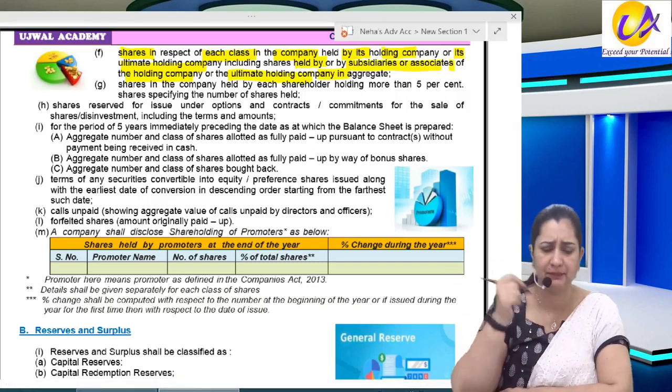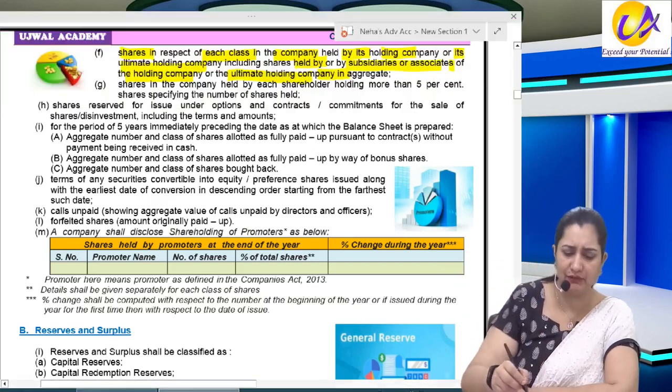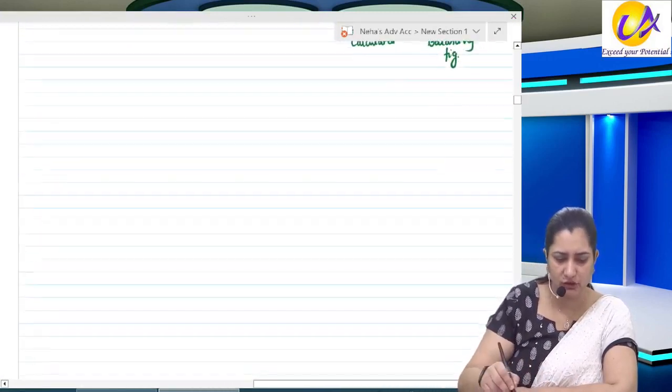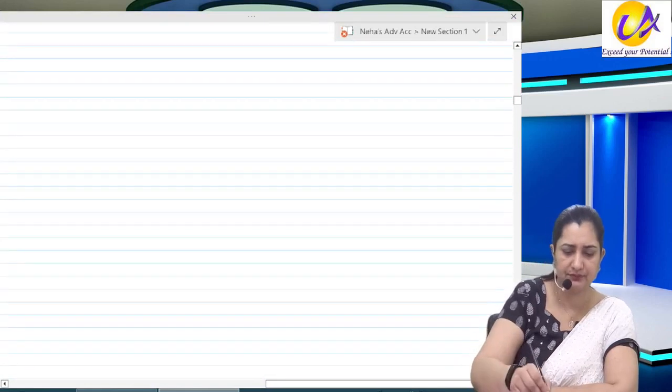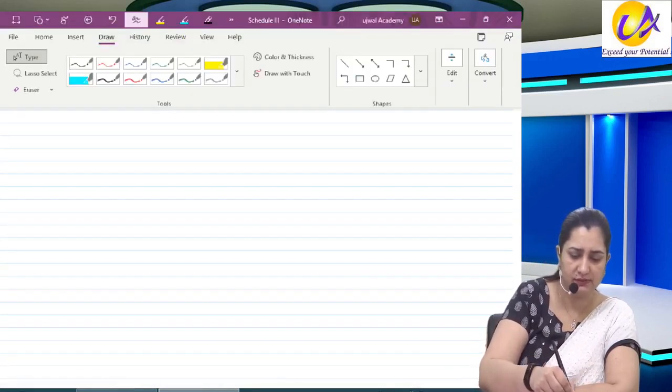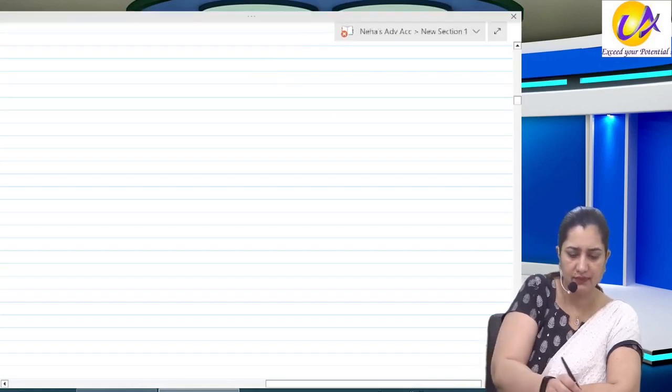Now what does this mean? For this we have to understand with the help of a simple diagram what this holding company concept is. So I'll explain this to you. How does this work? Let's say we have a company X Limited.